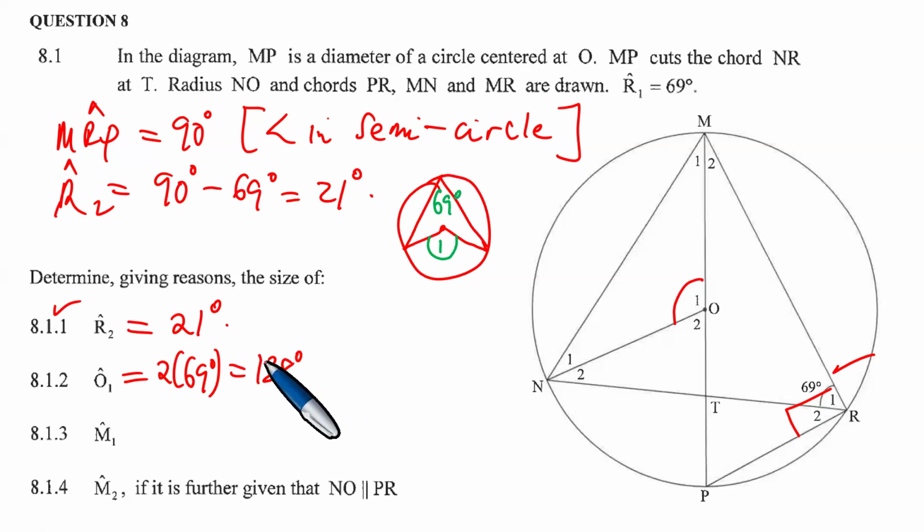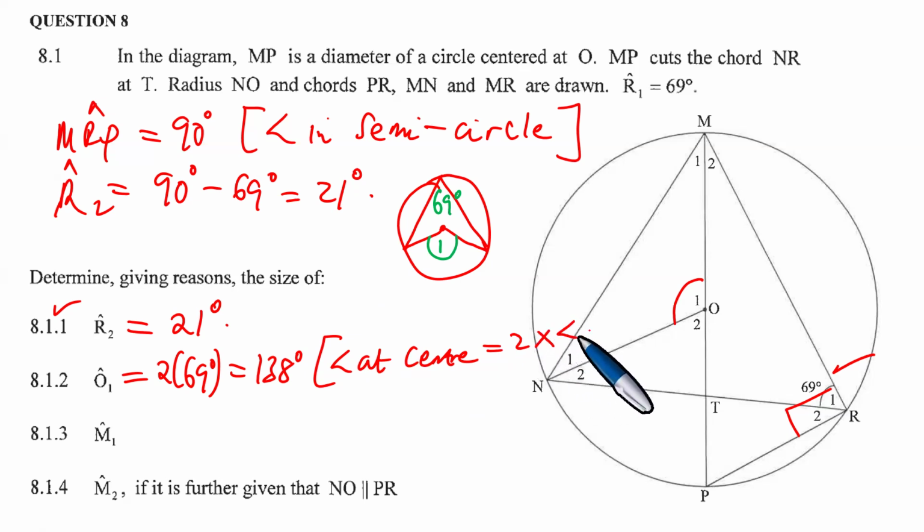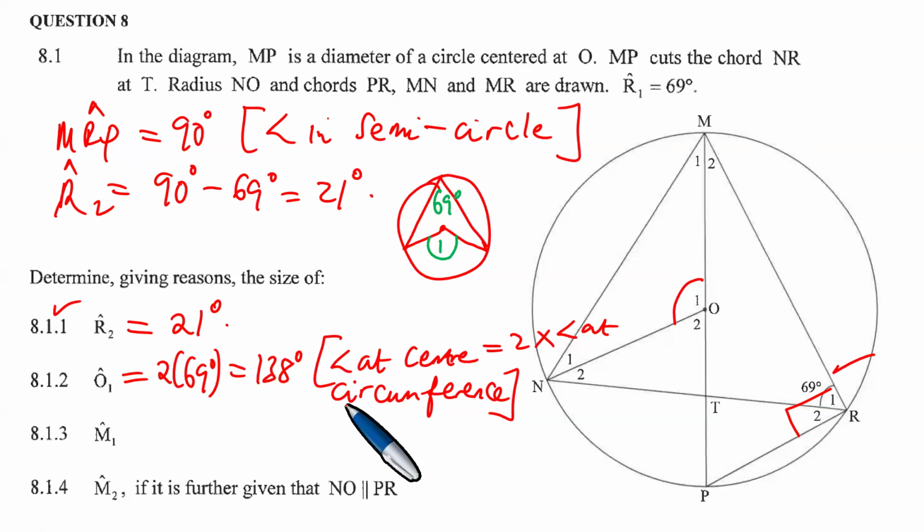Why is it 138 degrees? Because the angle at the center equals 2 times the angle at the circumference.